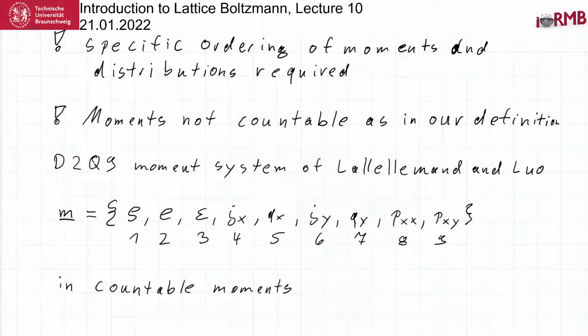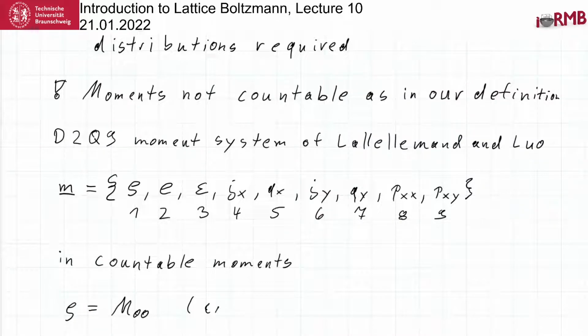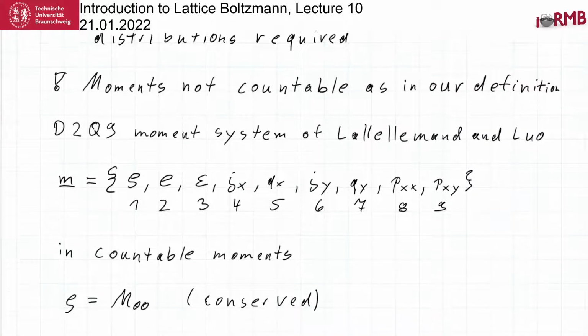We have our definition of moments, which are the countable moments, and they have this kind of arbitrary definition, and this looks like this. So rho, you could guess what rho is. Rho is m00. This is a conserved moment. So here actually this is the one that is equal to the countable moment. There are 3 moments which are equal to countable moments. So this is conserved, obviously.